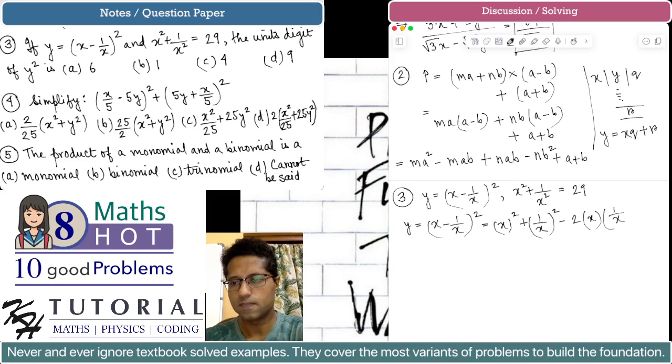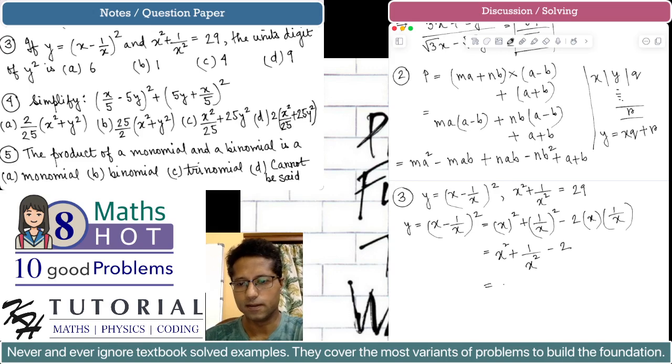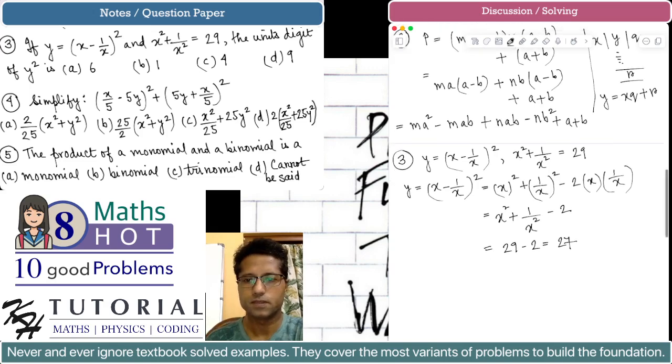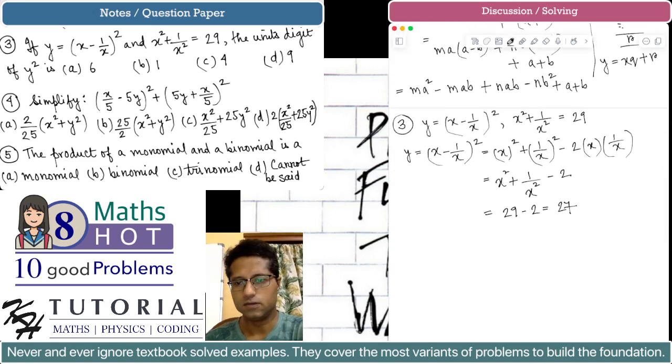So this is the expansion of x minus 1 by x whole square. So this becomes x square plus 1 by x square minus 2. X square plus 1 by x square value is given to be 29. So we have 29 minus 2 is equal to 27. Okay. So we have found y equals 27.